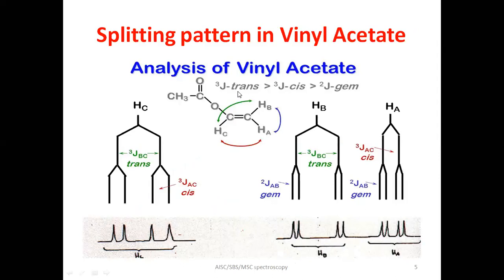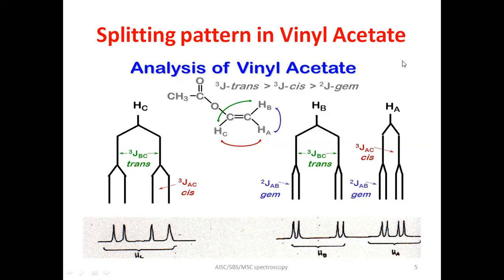As previously discussed, J trans, we know the coupling constant for trans is higher, greater than J cis, which is 10 to 12, and then J geminal is 1 to 2 hertz.